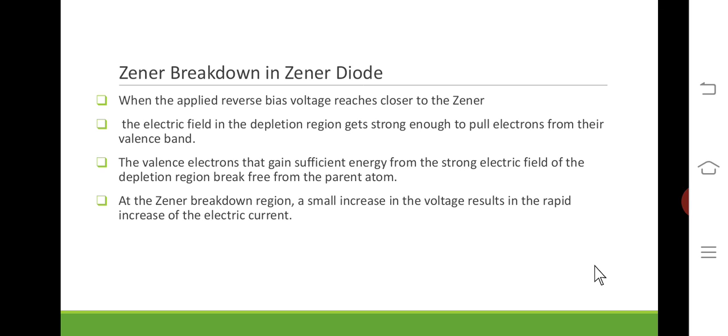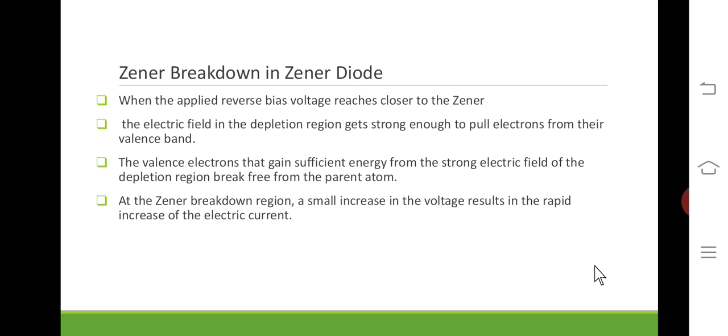Another important point about the avalanche breakdown is that this form of breakdown occurs in a junction that is lightly doped, with a wide depletion layer where the electric field is not strong enough to produce the Zener breakdown.